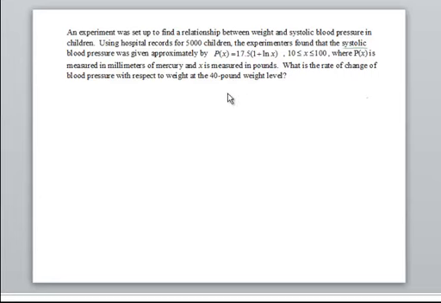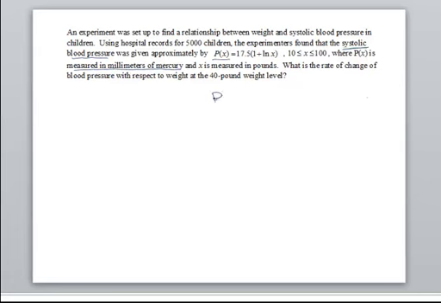All right, before we try to answer this question, we need to figure out what our formula is measuring and what our variables represent, and then we'll have a better idea of what we're trying to find. First, we're looking at P of x, and this is measuring systolic blood pressure, in millimeters of mercury.